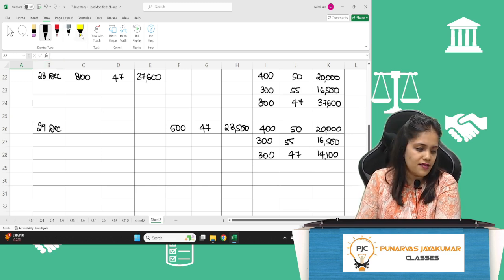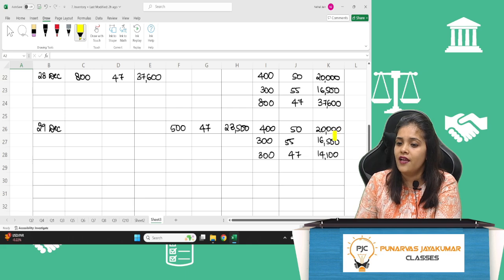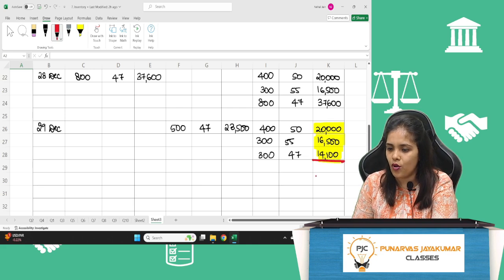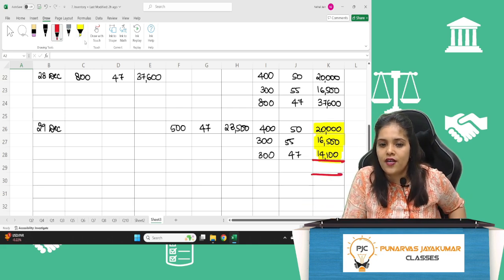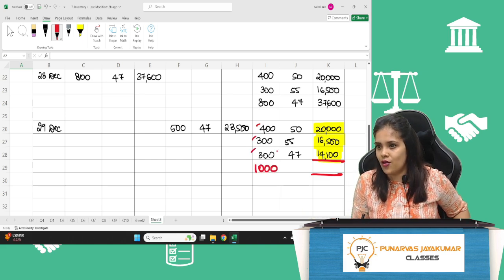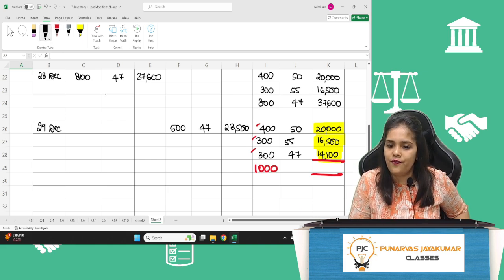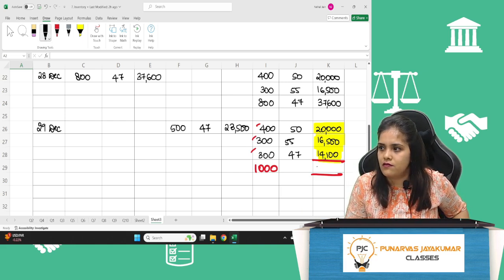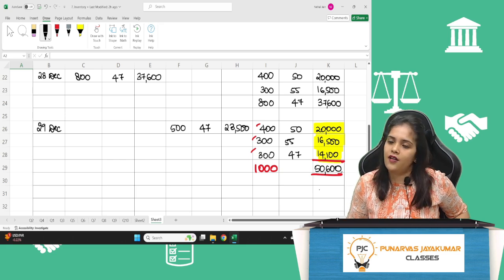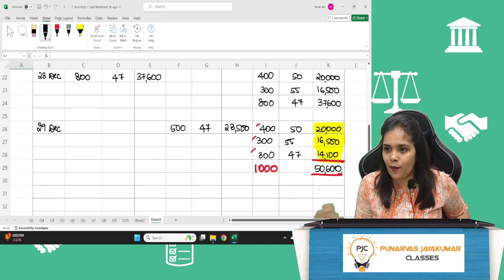Can I say this is the last transaction, right? These 3 units are the stock. All these 3 put together is the value of my closing stock. If you add 4 and 3, that is 1,000 units, and that was our closing stock unit at the value of units.